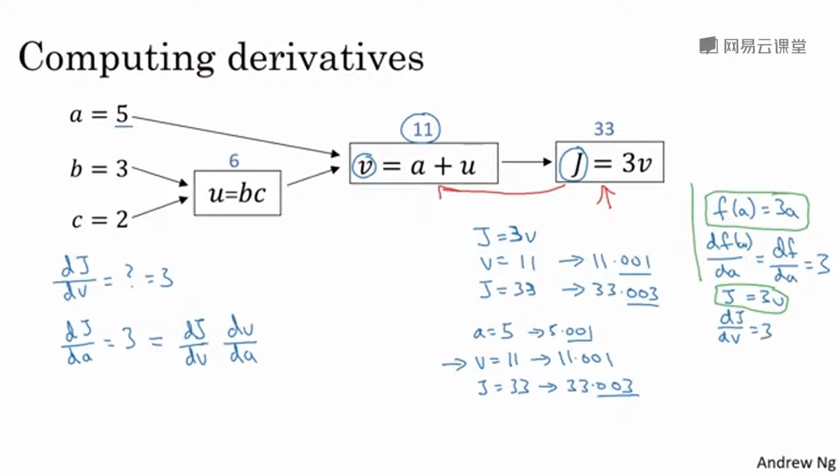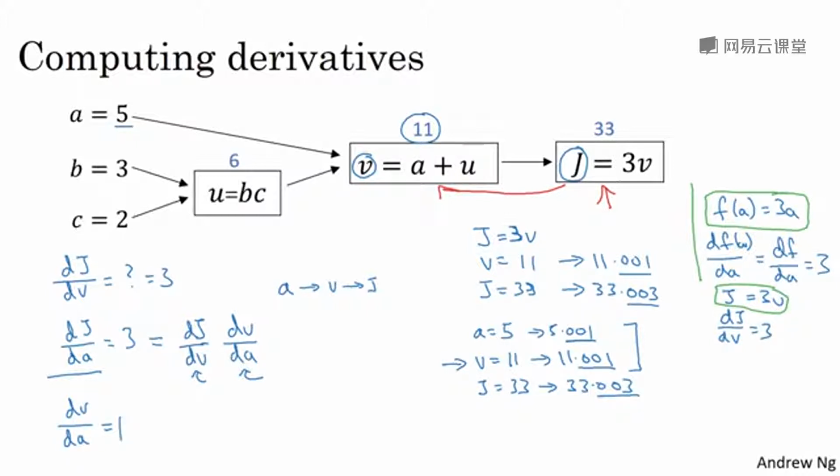So in calculus, this is called the chain rule: if a affects v affects j, then the amount that j changes when you nudge a is the product of how much v changes when you nudge a times how much j changes when you nudge v. So again, this is called the chain rule. And what we saw from this calculation is that if you increase a by 0.001, v changes by the same amount. So dv dA is equal to 1.